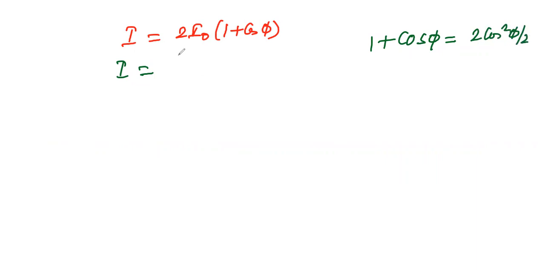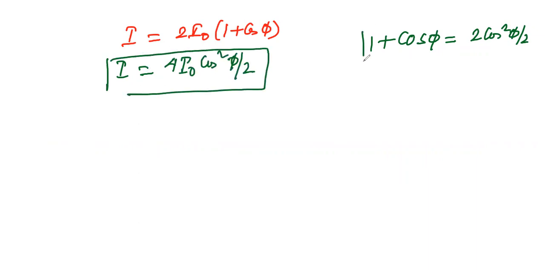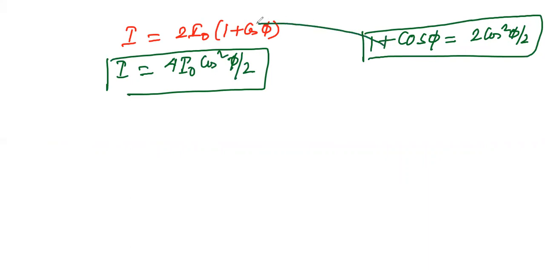So if I put this over here, your resultant intensity will be equal to 4 I naught cos square phi by 2. Am I clear to everybody? So I is equal to 4 I naught cos square phi by 2. This is your resultant intensity. I hope I'm clear to everyone.